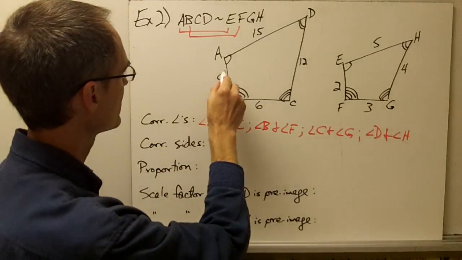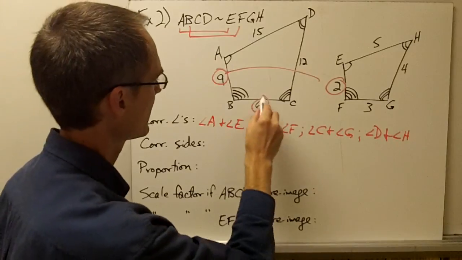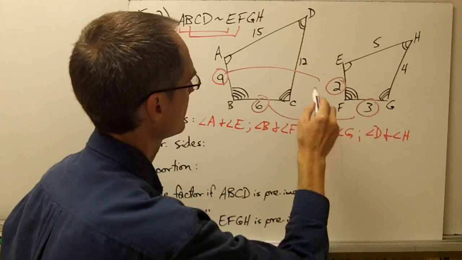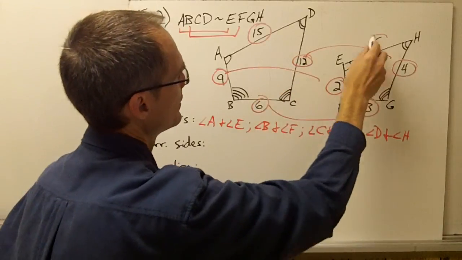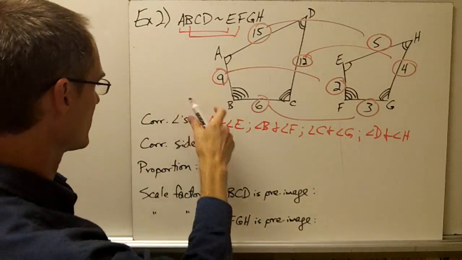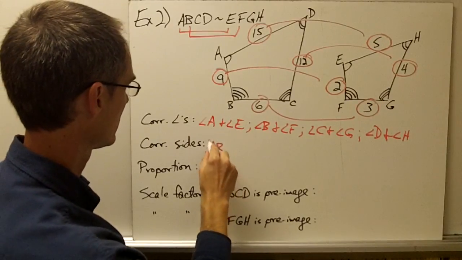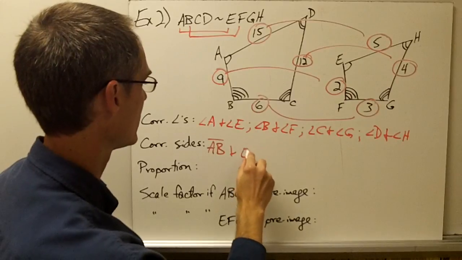Corresponding sides, let's see, there's one pair of corresponding sides, there's a pair of corresponding sides, there's a pair of corresponding sides, and there's a pair of corresponding sides. So if I want to name these, let's start with AB. Side AB corresponds to side EF.